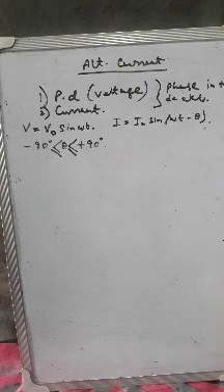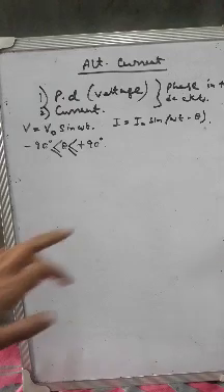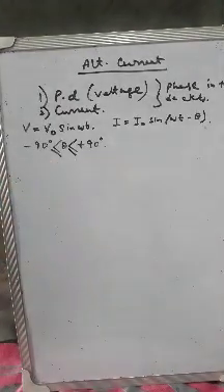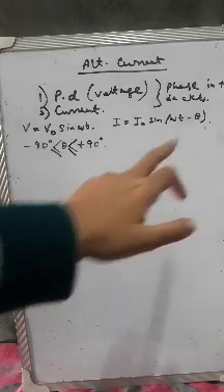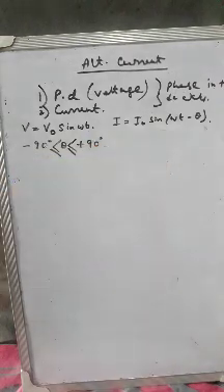For this particular condition, how much will the power consumed, or the power dissipated, in the circuit be? When theta lies in this range, there is a phase difference between the voltage and the current.